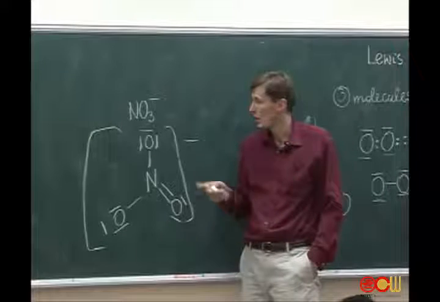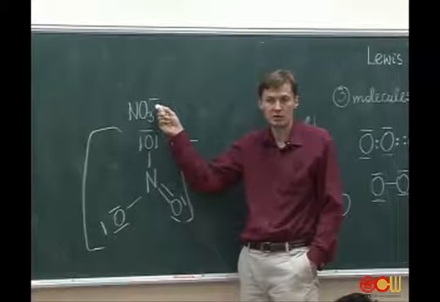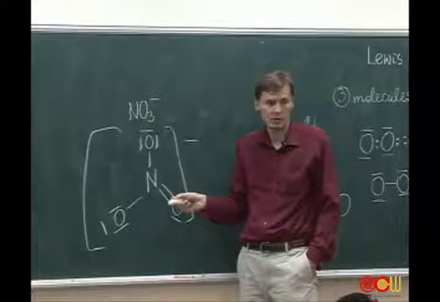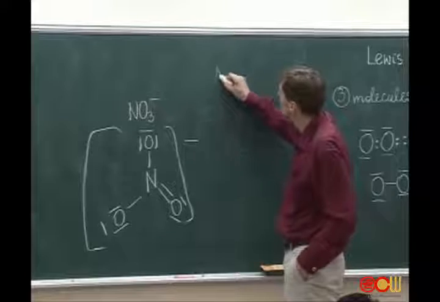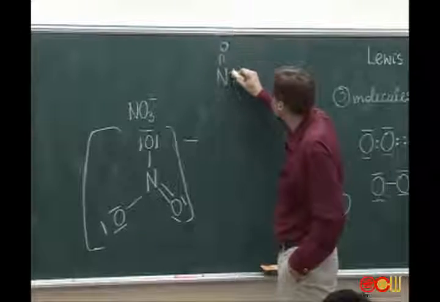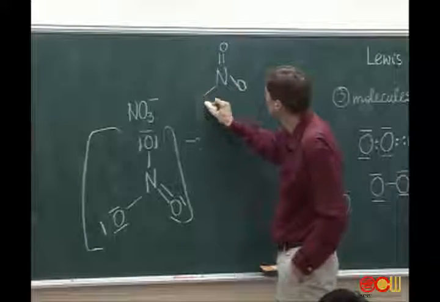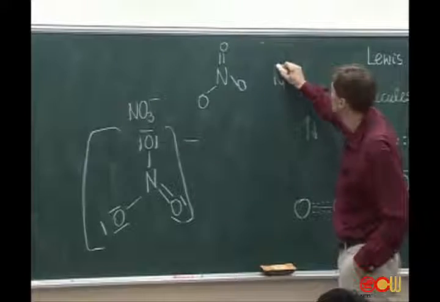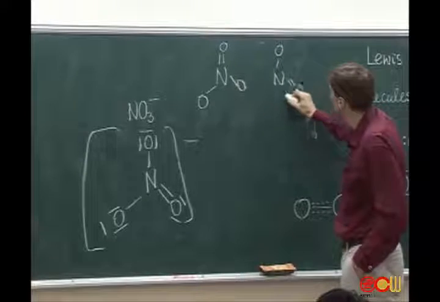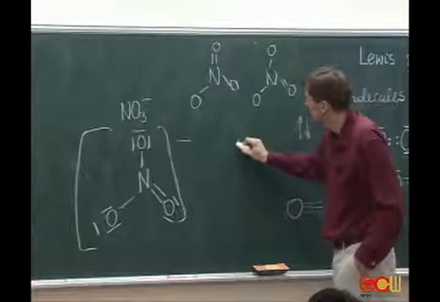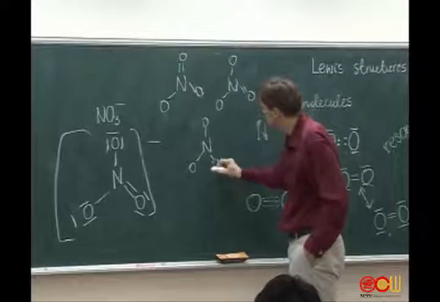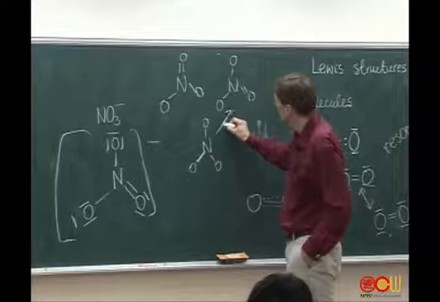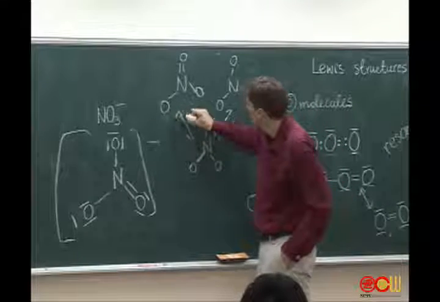Again, the experiment shows that this is symmetric. There is no single, there is no double. All bonds are the same. So what people do, they say that there are three forms, and they just transfer into each other.